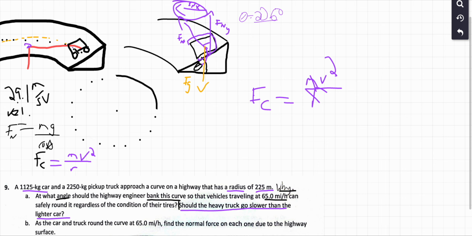If you go a little less, you're going to just fall down. If you decide to speed up, then you're already out there. So even if the heavy truck decides to go faster than the lighter car, it's still going to end up with the same fate of tumbling into the off-road, hopefully keeping the person inside alive. So no, don't go slower. The velocity should also be the same, so that centripetal force stays the same, so that this whole bank functions.